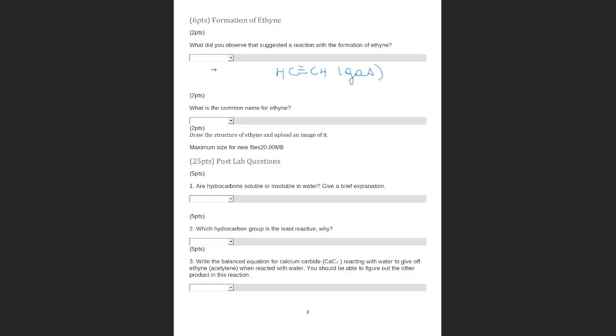So when you are in the presence of a gas, you always see bubbles. And then they are asking to draw the structure of ethine, which is this compound.